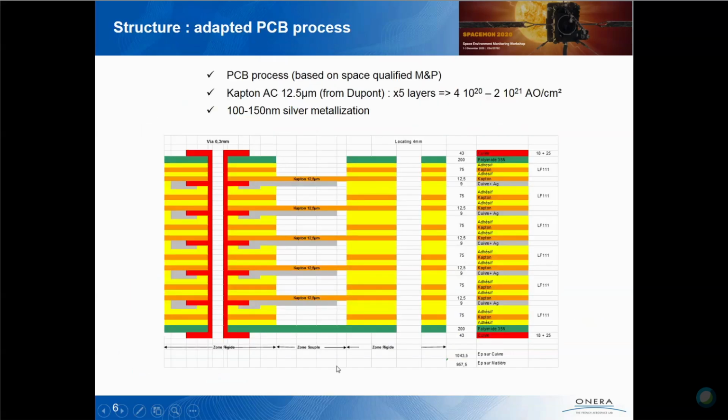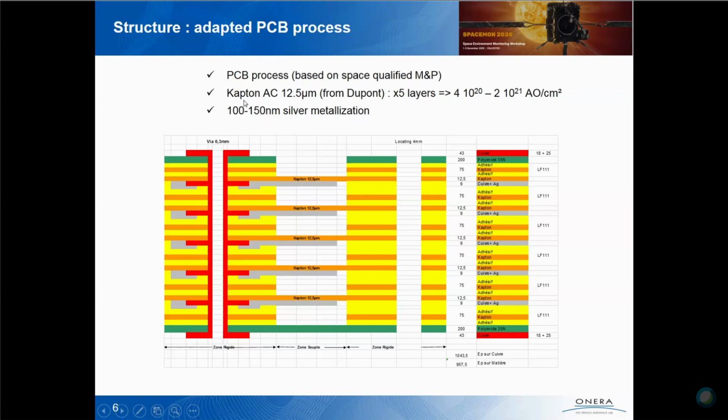So this is the structure of the detector. What is nice here? It's a cross section of a 5-layer structure, and it is based on space qualified material and standard PCB process.